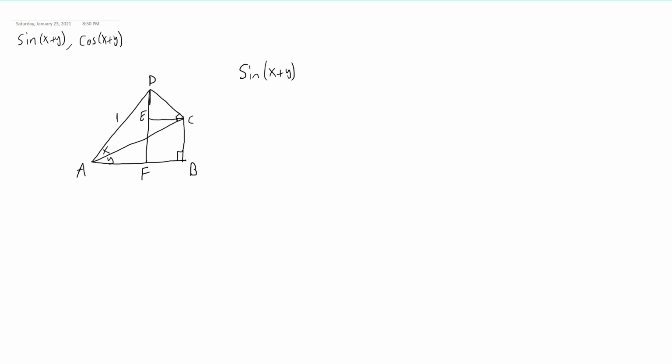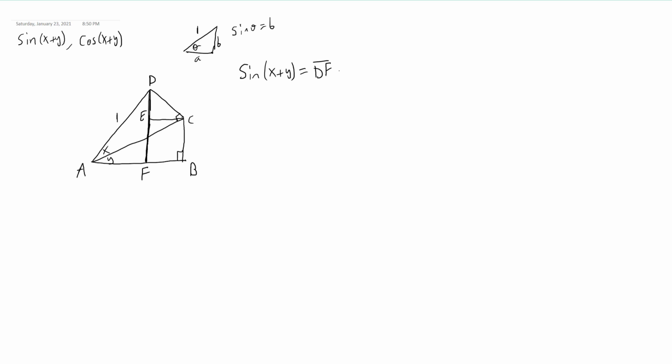The sine of x plus y is this length right here, right? Because if we think back, if I had that right triangle with theta here, and 1 here, a and b, sine of theta was b, because the hypotenuse was 1. That is what I'm going for here. So sine of x plus y is length DF.